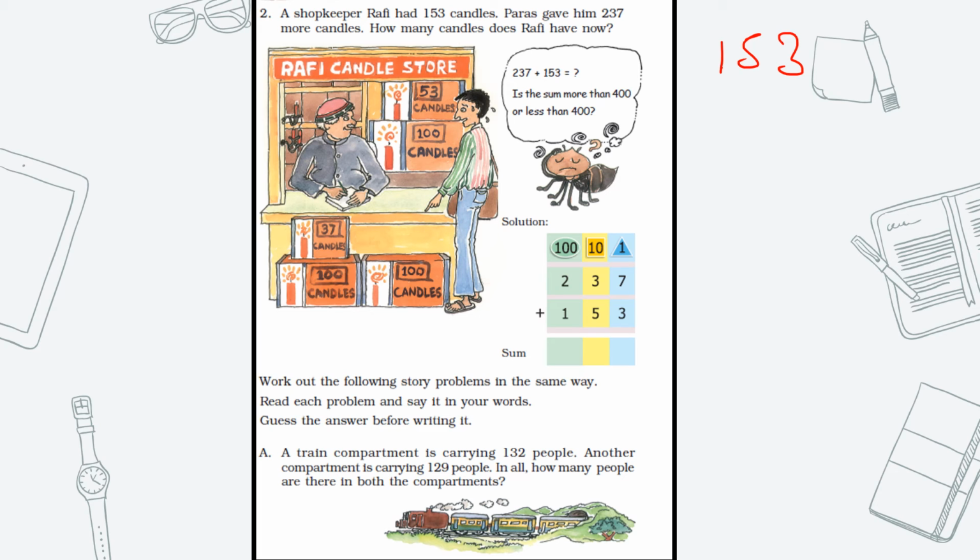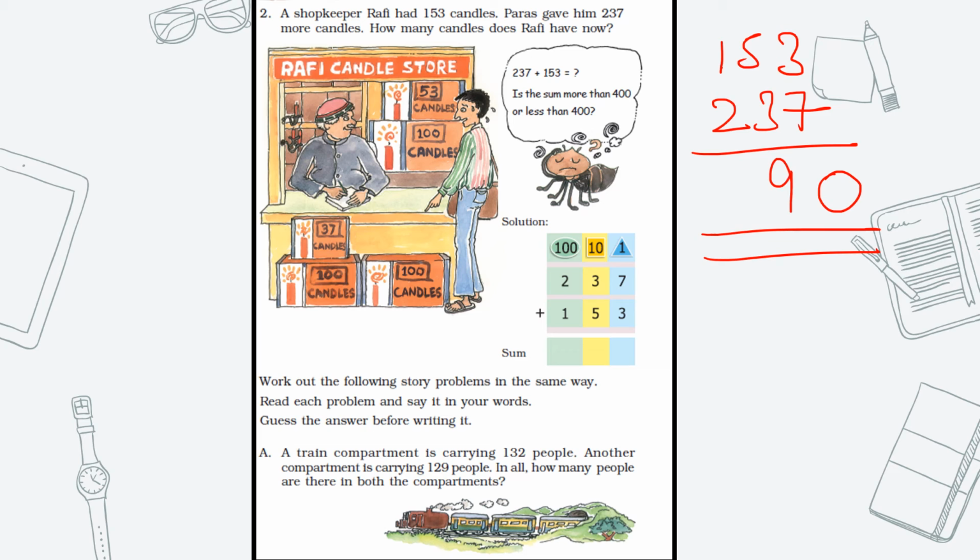Paris gave him 237 more. So how many does he have now? 390, right? The ant here, who is very sad apparently, is asking, is the sum more than 400 or less than 400? 390 is less than 400, right? Okay, clear?